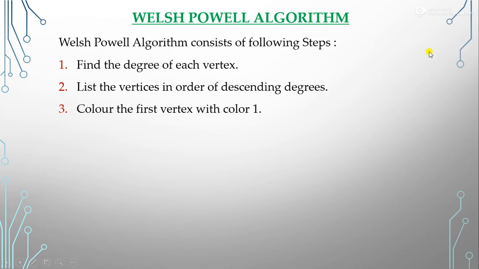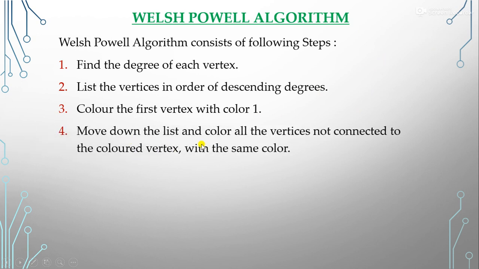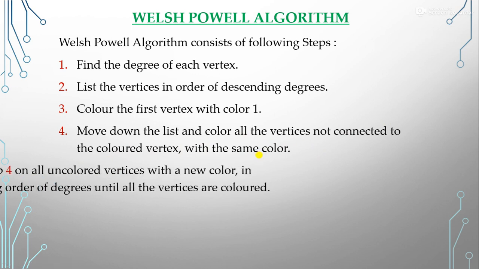After that, we fix the color of the first vertex with one color, any color you can choose, and move down the list and color all the vertices not connected to the colored vertex with the same color, right? I told you that if we have adjacent vertices, we can't use the same color.